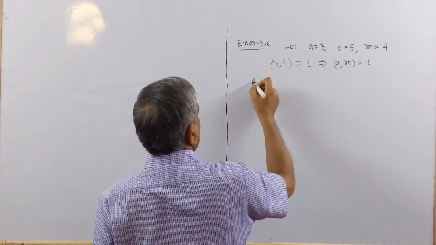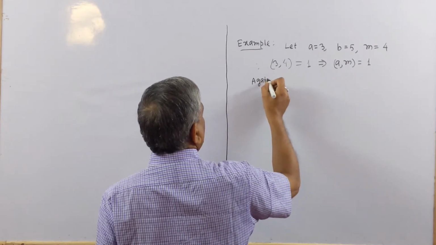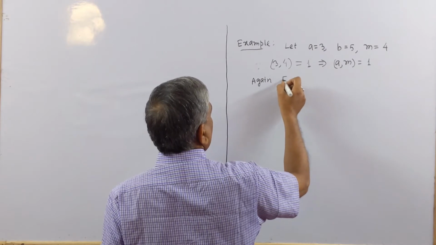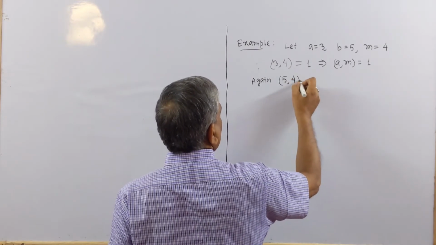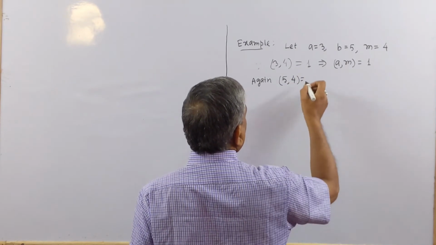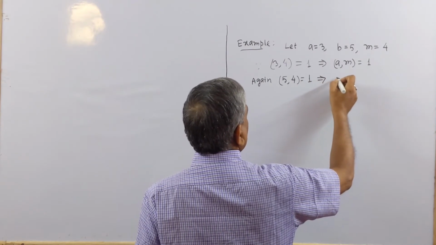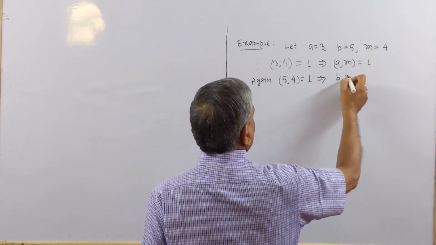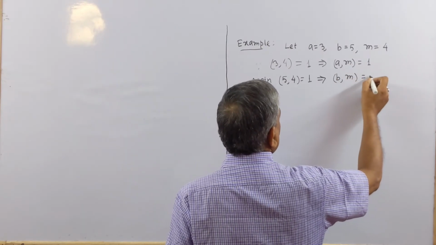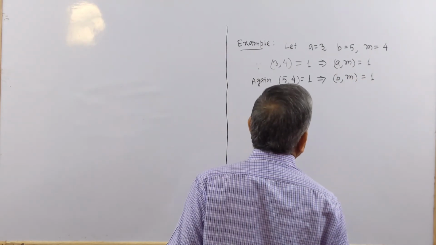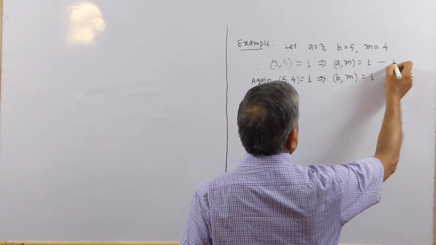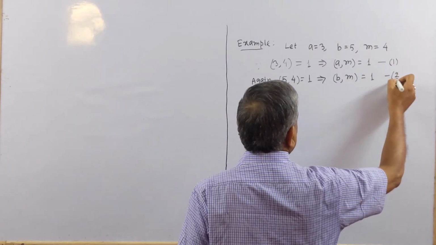Again, GCD of 5 and 4 equal to 1, implies that GCD of b and m equal to 1. Let this be number 1 and this be number 2.